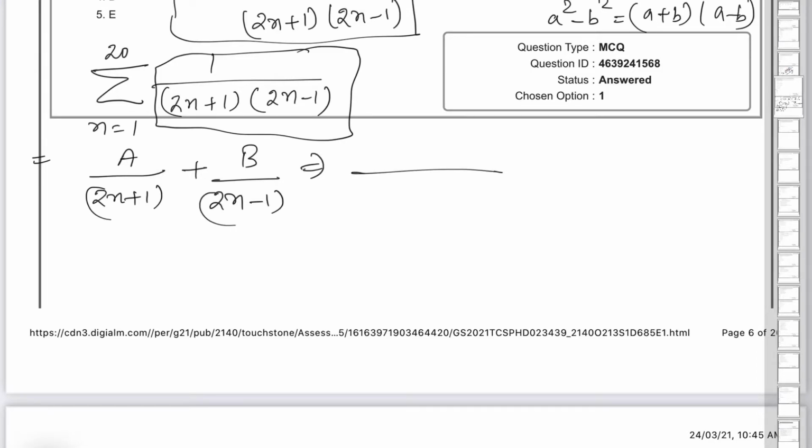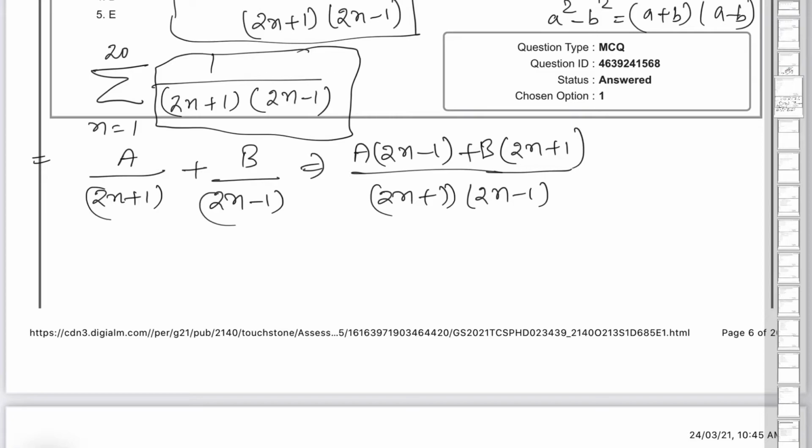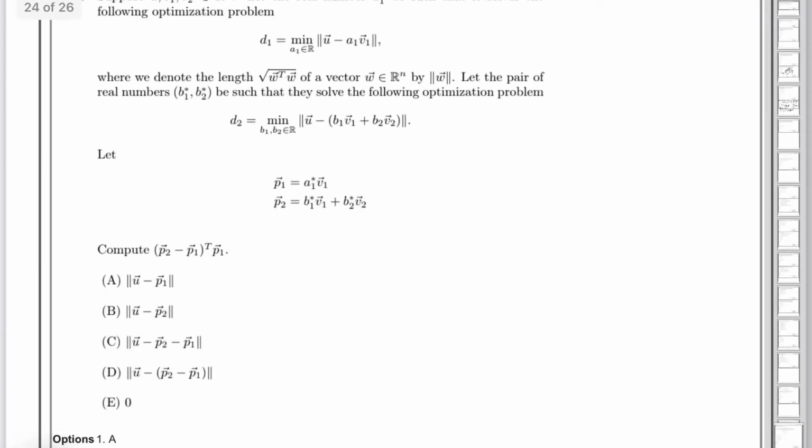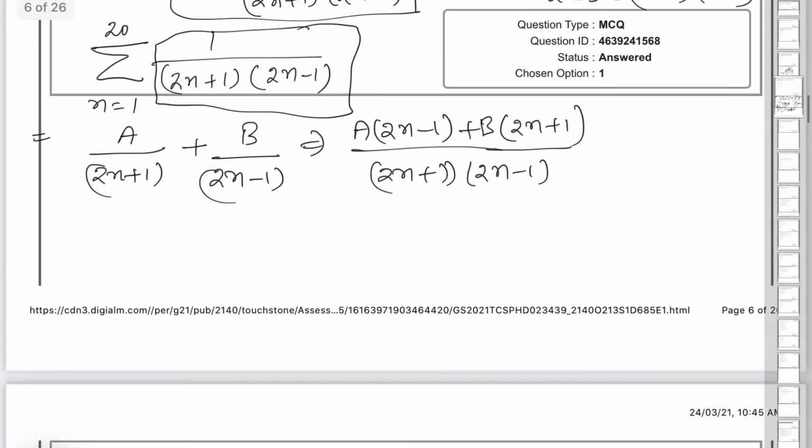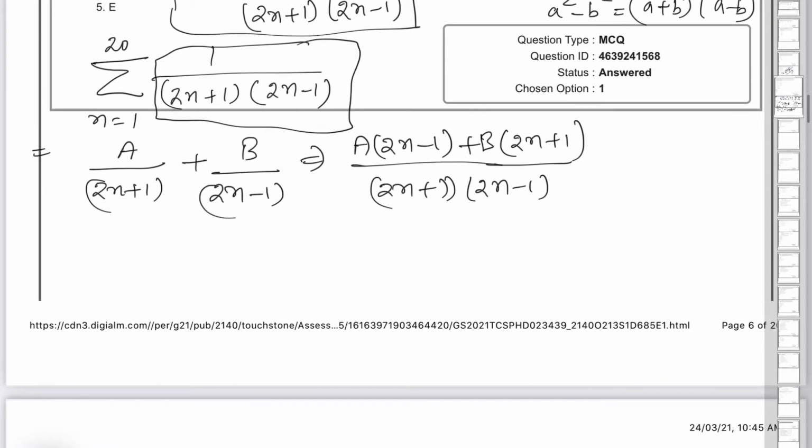So by taking this as LCM, a into (2n minus 1) plus b into (2n plus 1), and that is equal to 1 upon (2n plus 1)(2n minus 1).